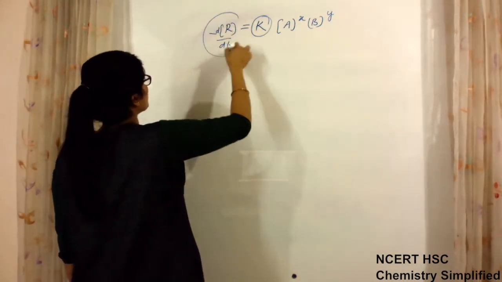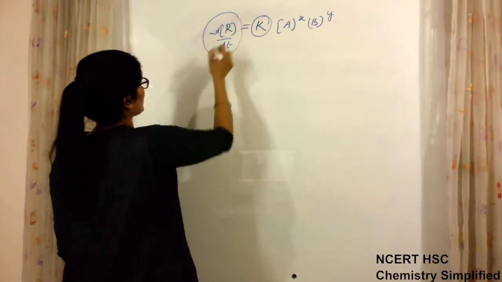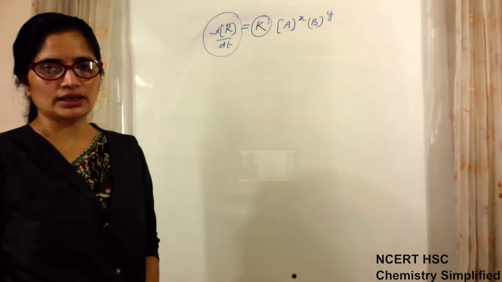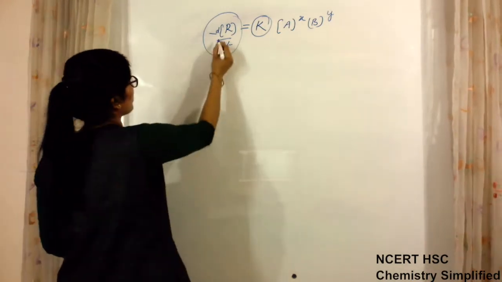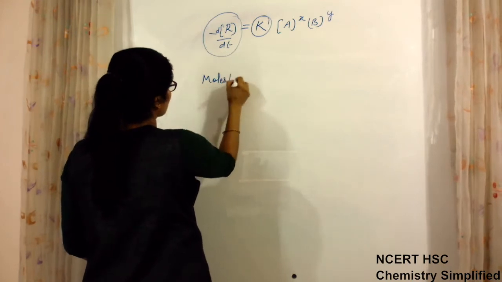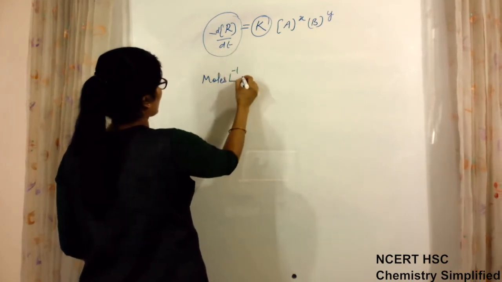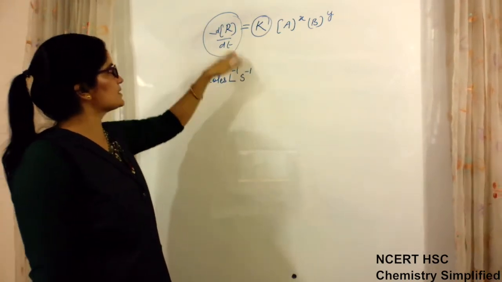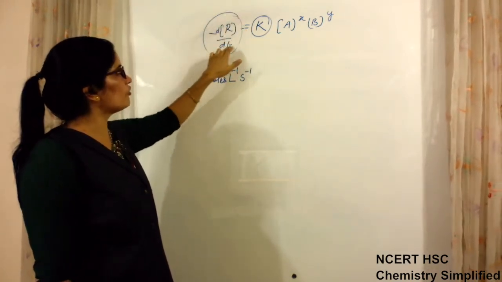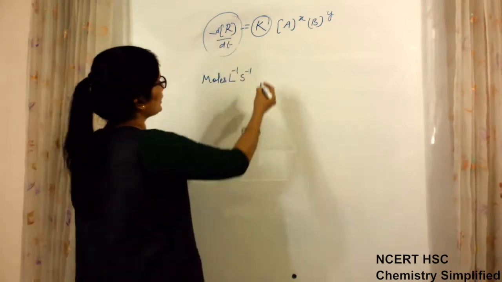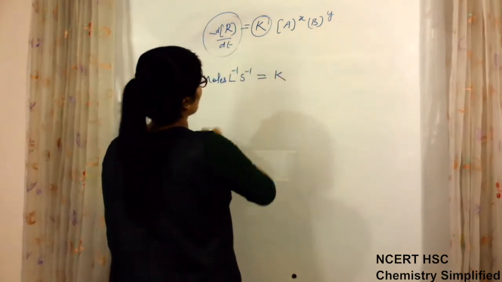So what are the units of rate? Rate is change of concentration with time. So it is moles per liter per second, that is moles per liter per second is the unit of rate dr by dt. Okay, and k we have to find.